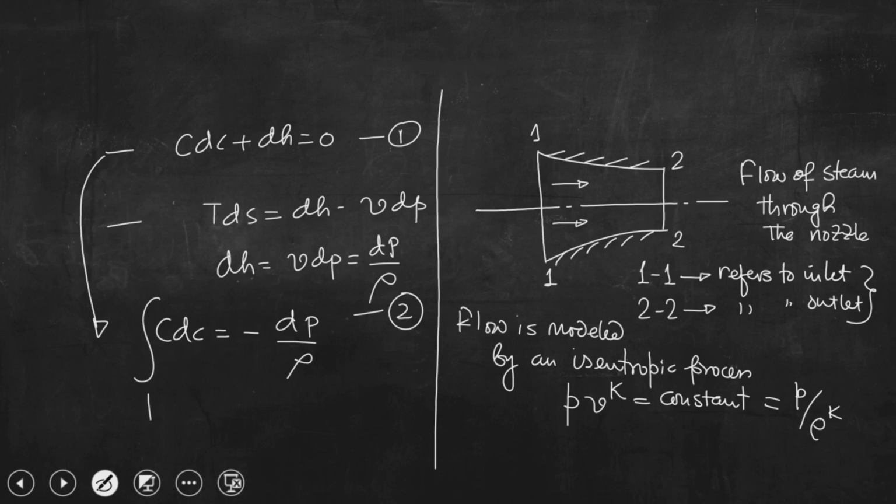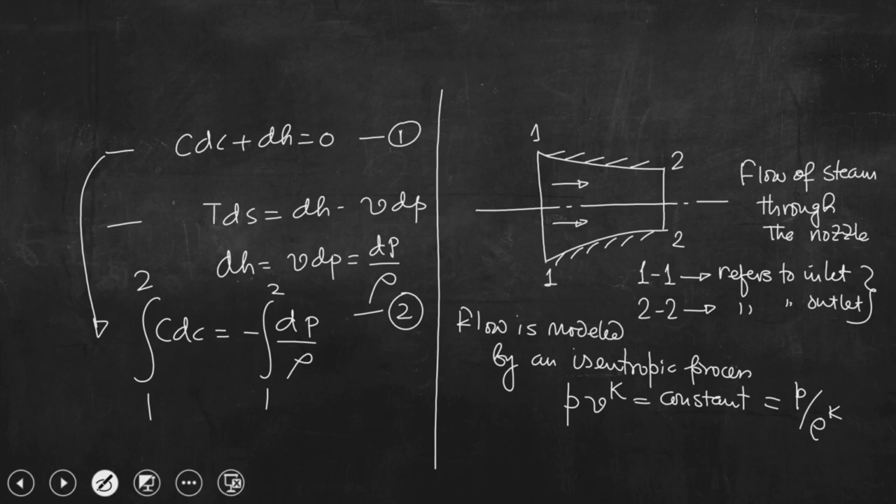If we integrate between these two sections 1 and 2, that means when the steam is flowing from section 1 to section 2, then the change in velocity is from C1 to C2, and what would be the change in pressure. Since again let me tell you, it is not a flow of an incompressible fluid, rather the flow is of a compressible fluid. So, this pressure and density are related, and that is what we have written over here. It is modeled like this using this equation.